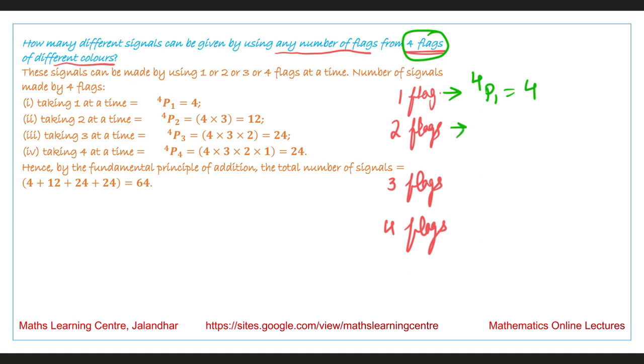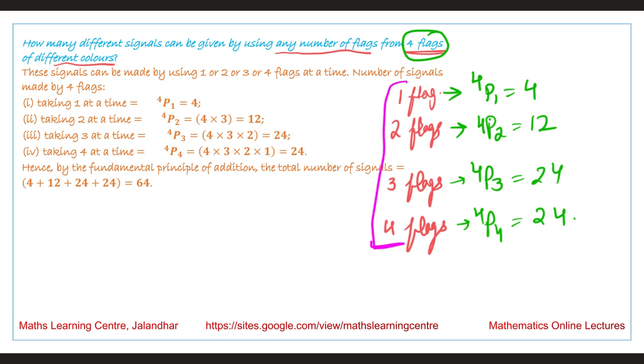Next, 2 flags are chosen. When 2 flags are chosen, we have 4P2, that is equal to 12. For 3, 4P3 is equal to 24, and 4P4 means 4 factorial, that is equal to 24. Now for the total number of ways, any one of these 4 can happen.